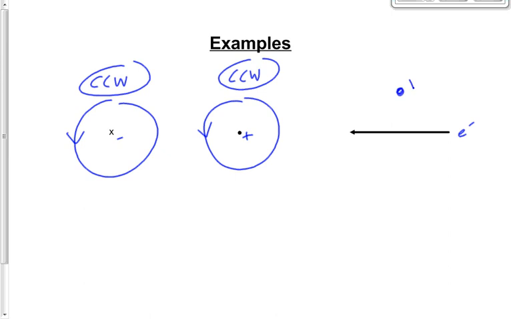The magnetic field here. So fingers above the wire are pointing out of the page.